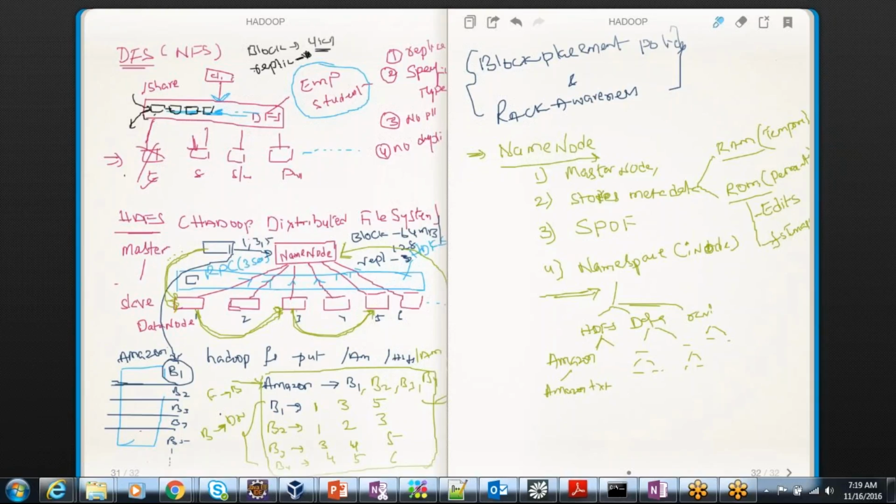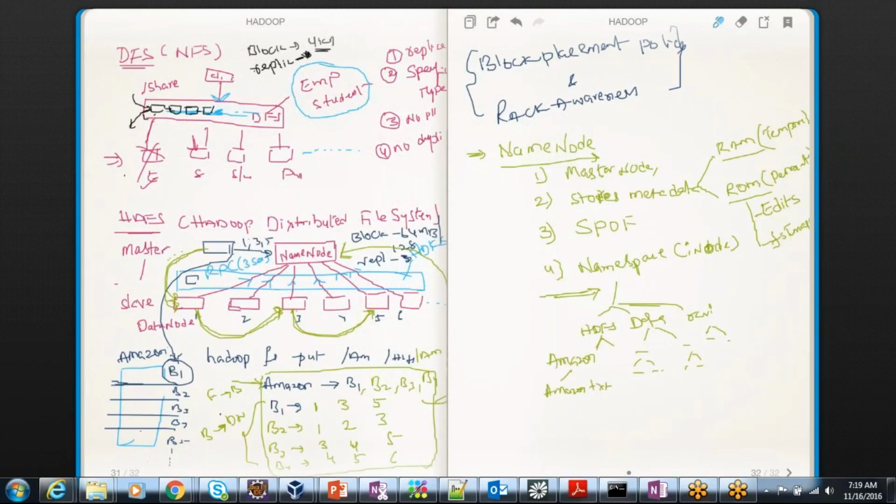So to avoid that, we keep the same copy of data in the hard disk. That is called ROM. Namenode maintains metadata in RAM while it is running, and the same data is loaded into ROM for permanent storage. This is called persistent storage.